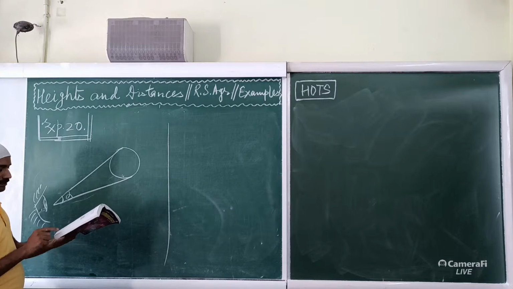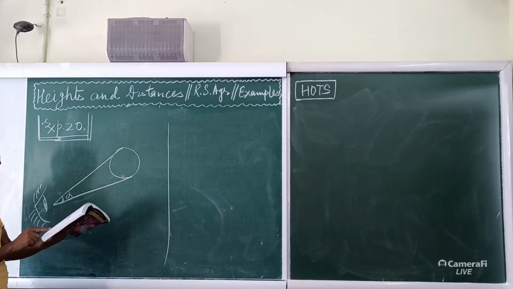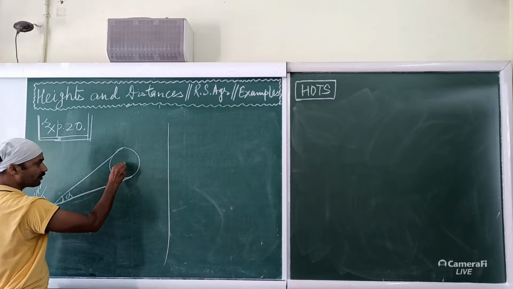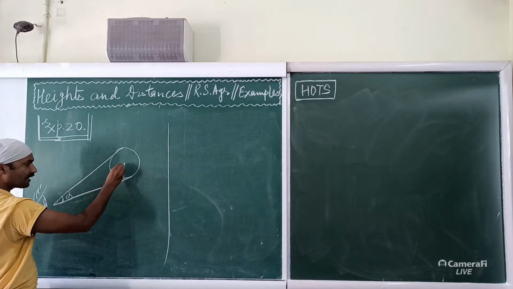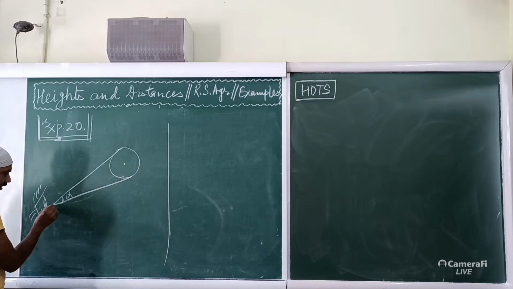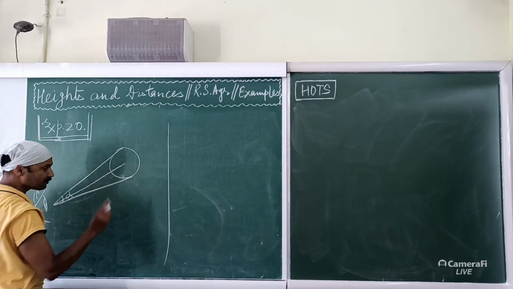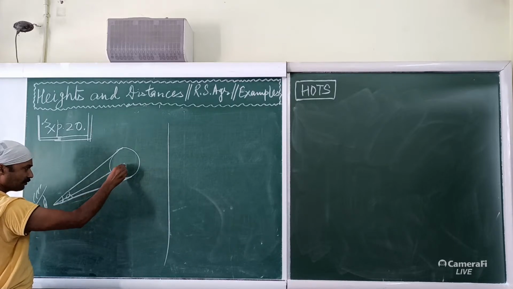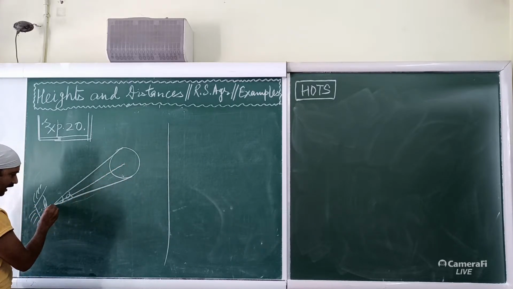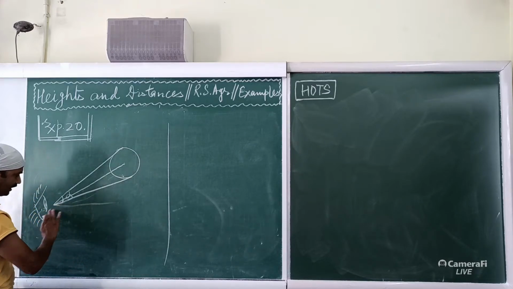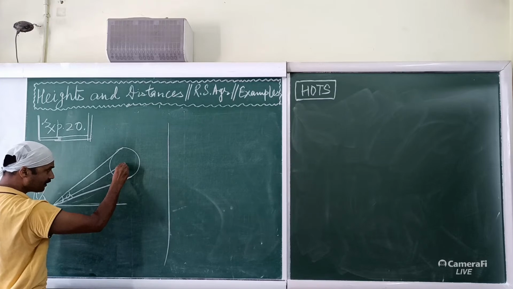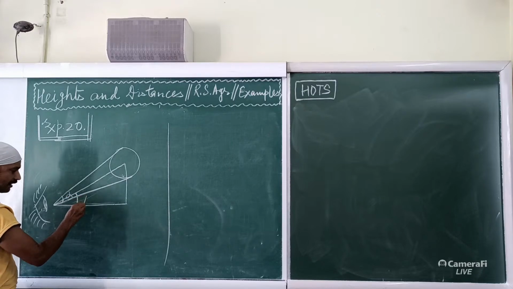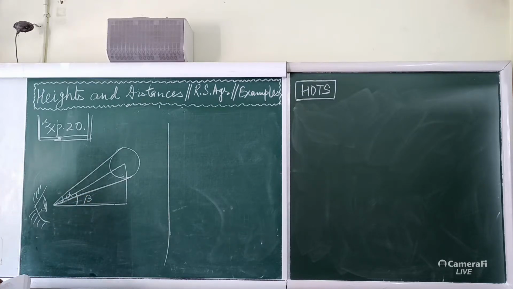It is also saying that the angle of elevation of its center is beta. Which center? The center of the balloon, this angle beta. Certainly this line of sight will move this way, and this is the horizontal line. That is why this whole angle will be beta.